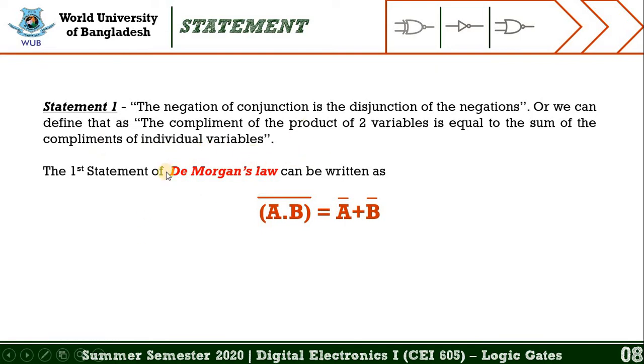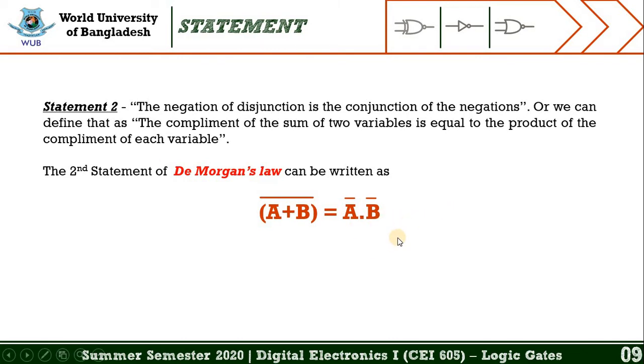The first statement of De Morgan's law can be written as, inside the parenthesis, (A and B) bar, or you can say not (A and B), which is equal to not A or not B.